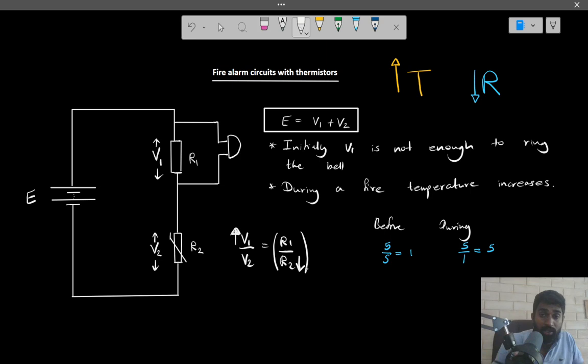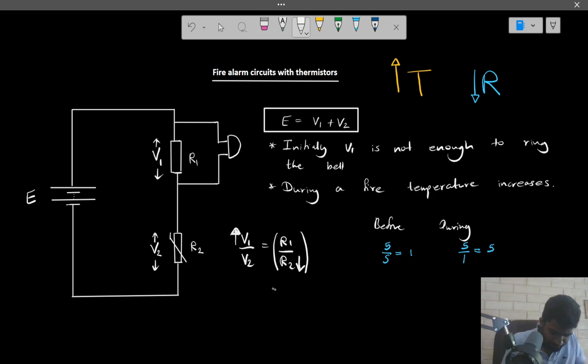Before it was 1, now it is 5 during a fire. So the number given by the fraction on the left-hand side of the equation should increase. Therefore V1 should increase. Then what will happen? There will be enough voltage to ring the bell.